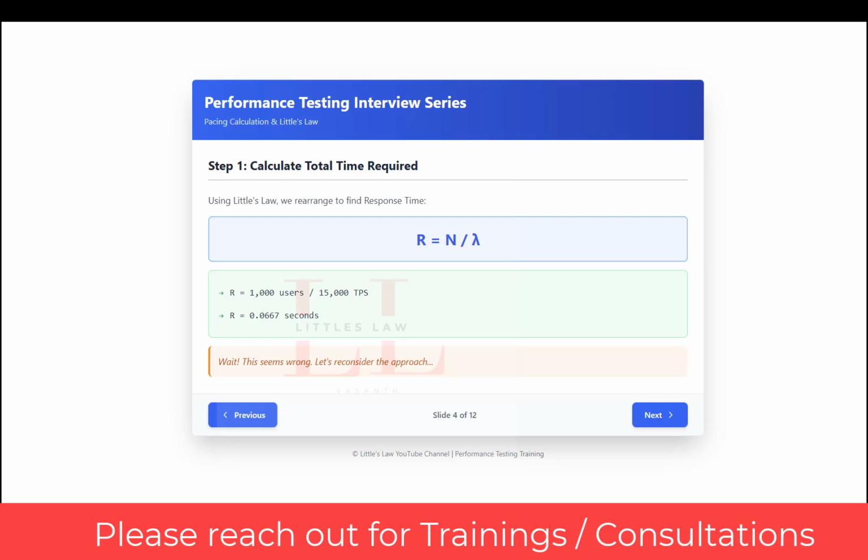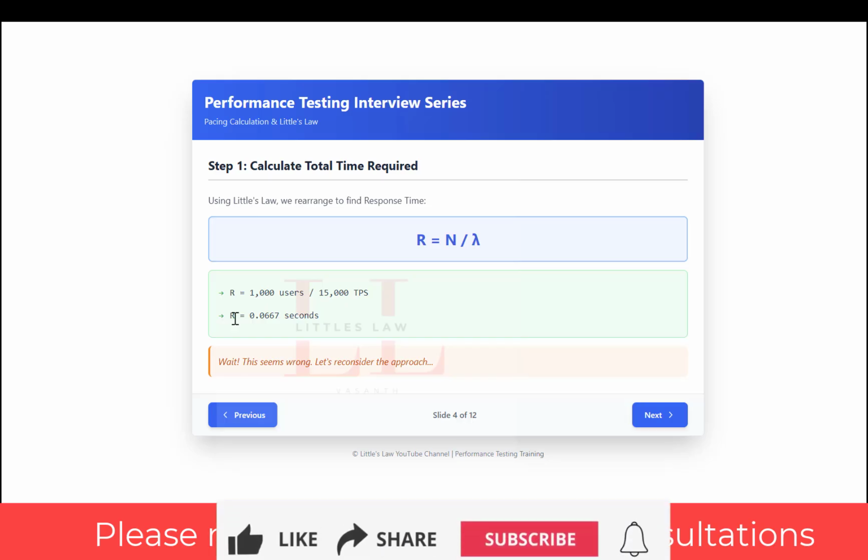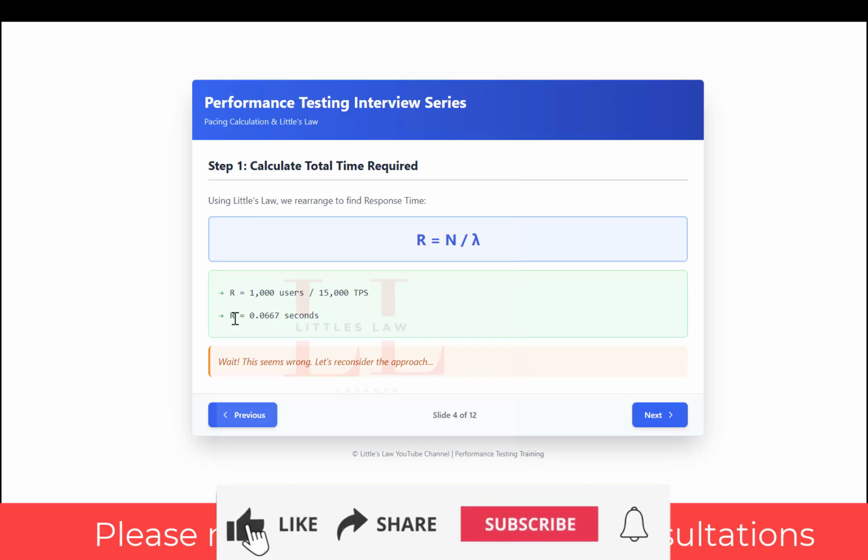Substituting our values, R equals 1,000 users divided by 15,000 transactions per second, which gives 0.0667 seconds. Now wait a minute, this tells us each iteration should complete in 0.0667 seconds, but we already know each iteration takes 150 seconds, so something doesn't add up.